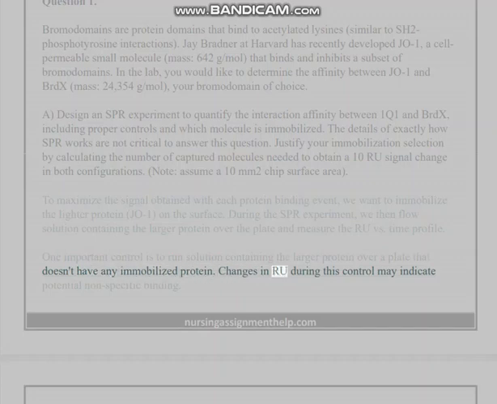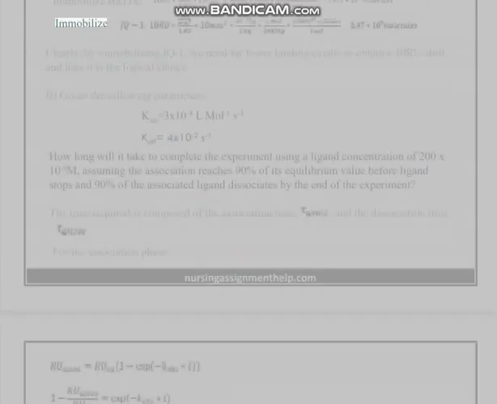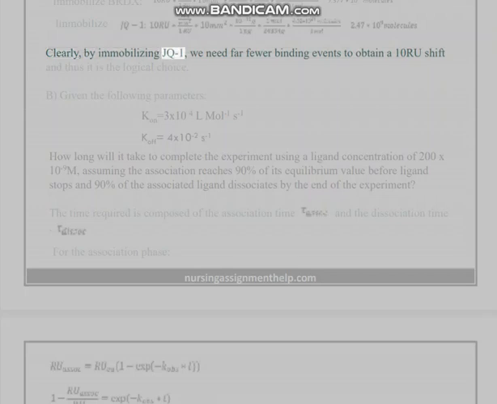Changes in RU during this control may indicate potential nonspecific binding. Immobilize BRDX, immobilize JQ1. Clearly, by immobilizing JQ1, we need far fewer binding events to obtain a 10 RU shift, and thus it is the logical choice.